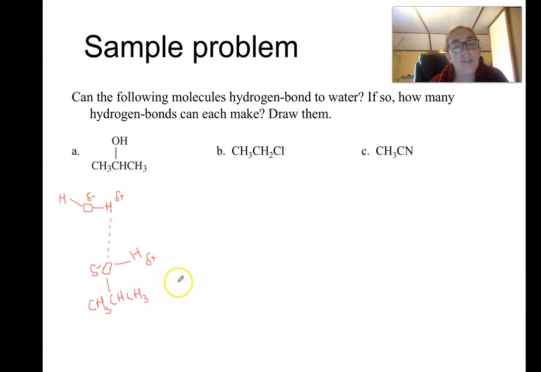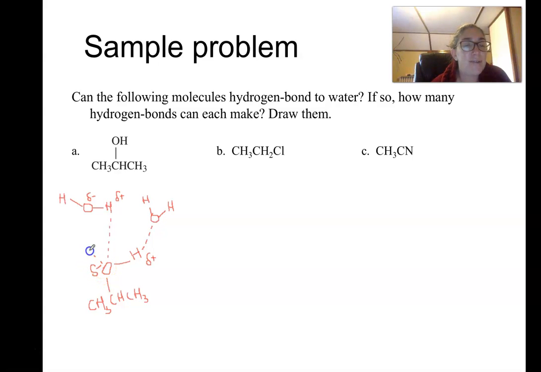All right, and I could draw another water molecule over here, O, H, H. All right, and this oxygen of the water molecule would be attracted to this hydrogen on our given molecule here, isopropanol, I think. So technically, this oxygen can have two hydrogen bonds to water.